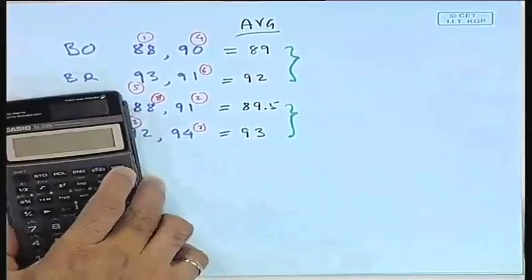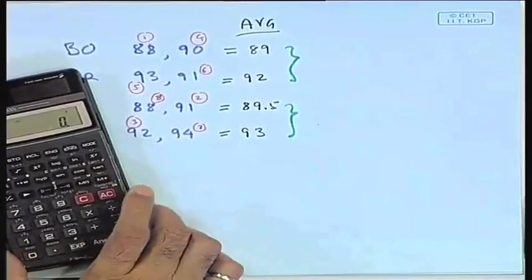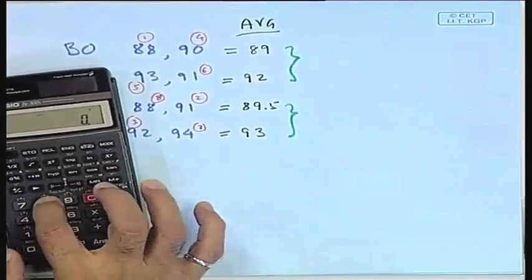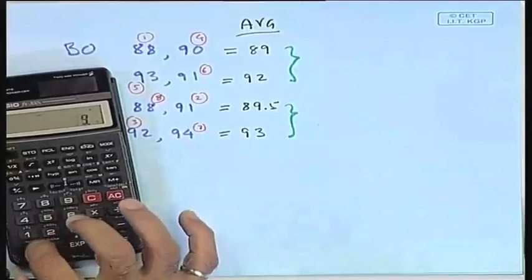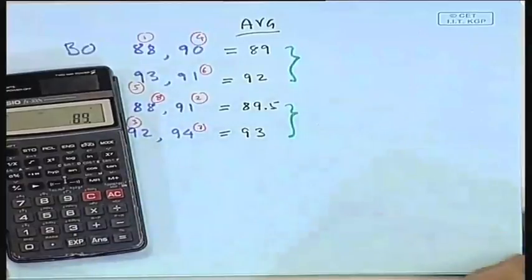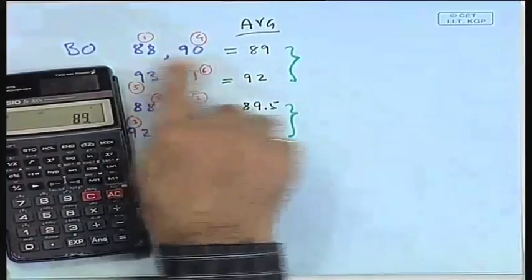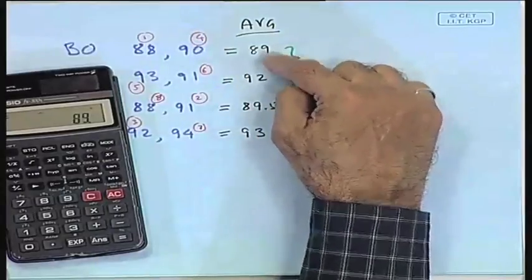I'll be using a calculator, so I'll just put that here. I've got 88 plus 90 divided by 2. That's 89. That's already there, so that is confirmed. Now let me average out these two.